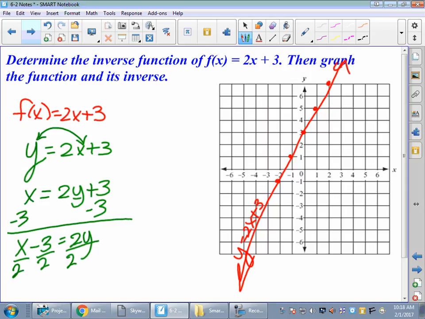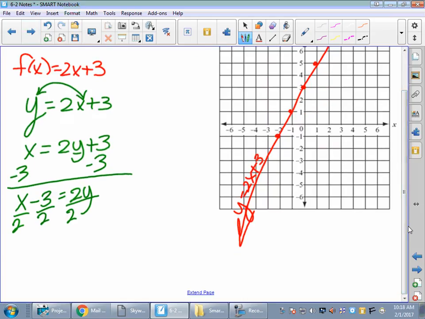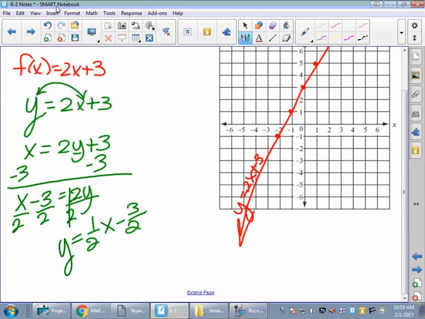Notice when I divided by 2, I divided the x and the negative 3 separately so that I'll have a slope and a y-intercept. If you just draw a line and put divide by 2, it'll be difficult to graph. So y equals 1/2 x minus 3 halves. So the inverse is y equals 1/2 x minus 3 halves.